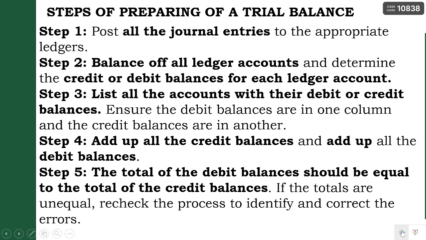If you find that they are not equal, you will check the process to identify and correct the errors. Of course, it will take you back to the ledgers to cross-examine whether there was any error made while posting journal entries to ledgers.